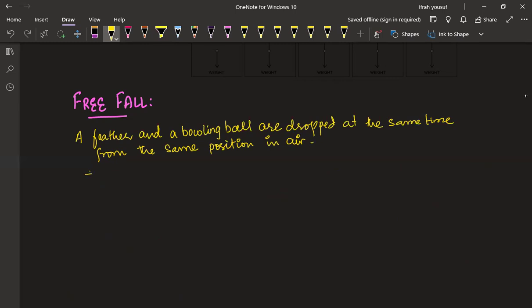The bowling ball, because it has the greater mass and less surface area. So the bowling ball will reach the ground first.